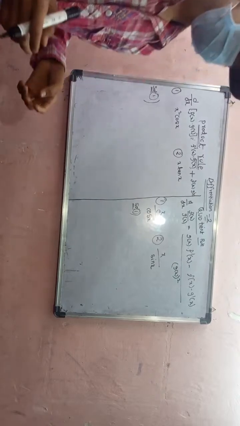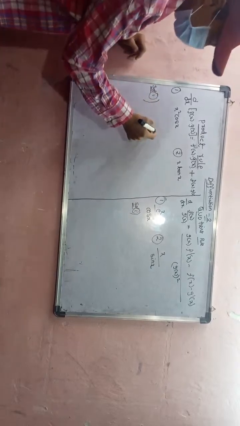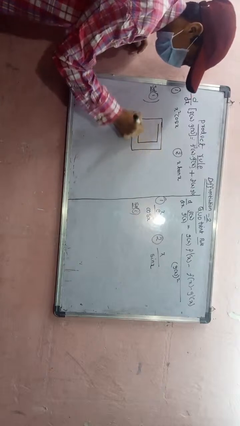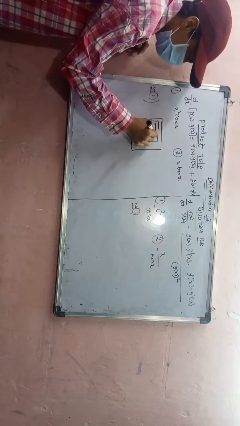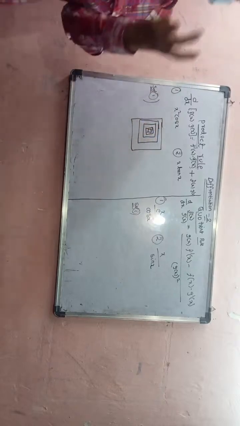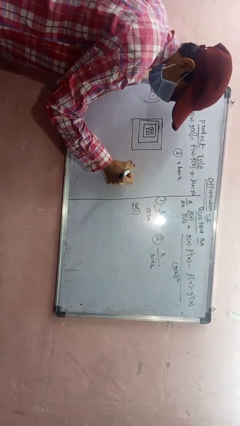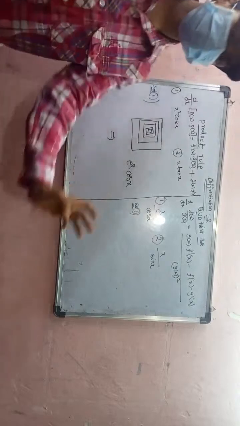We have learned the chain rule. I told you what a chain is. I gave one example. This is a box. In that, one more box will be there. In that box, at last you will get a box. Here I am giving a function, and we have to make a chain.